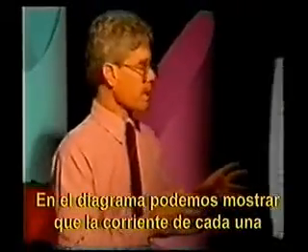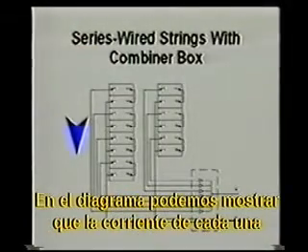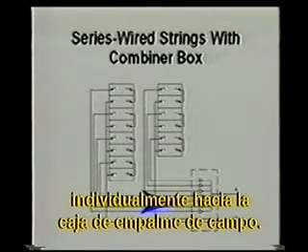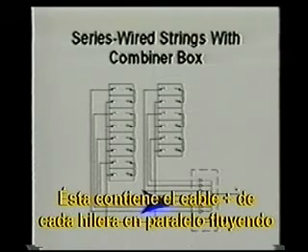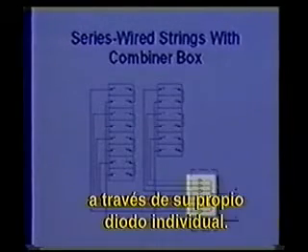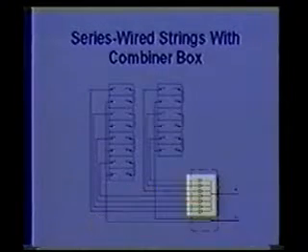In the diagram, what we can show is that current from each one of our strings here, or 24-volt strings, flows out of each string and individually flows into our field junction box. Within the field junction box, we have the plus wire from each parallel string flowing through its own individual diode. After it flows through the diode, the current combines and flows on.